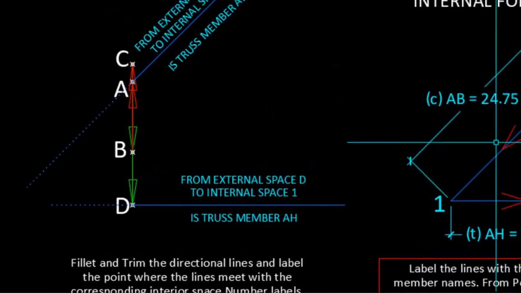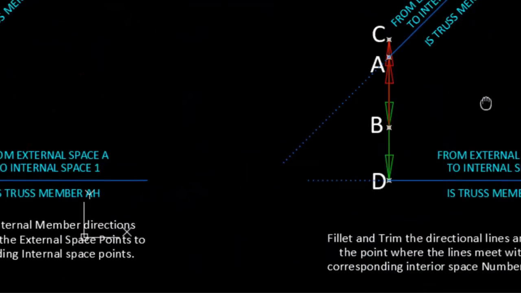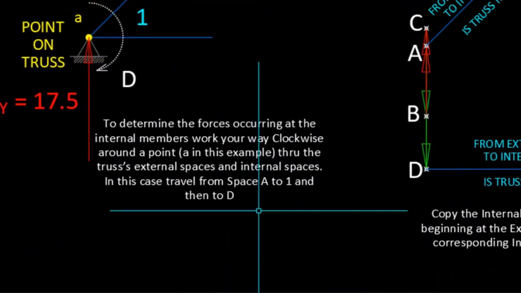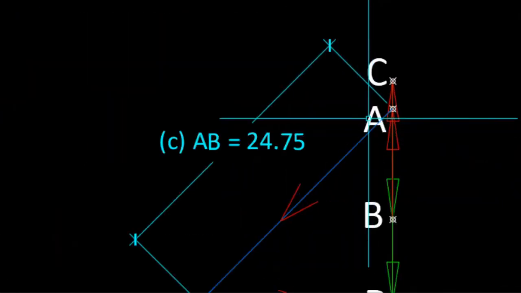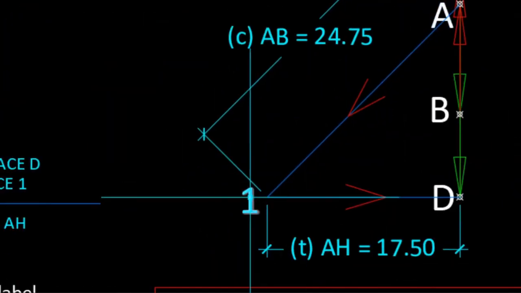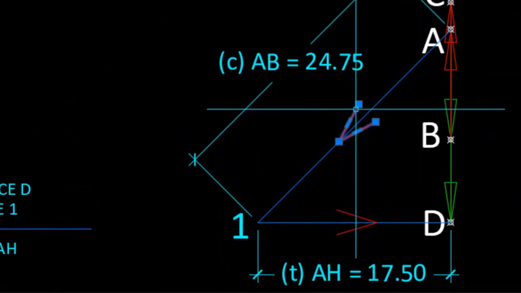Now, once again, keep in mind, we are traveling first from space A to space 1. So here I show space A to space 1. So we add our directional arrow.